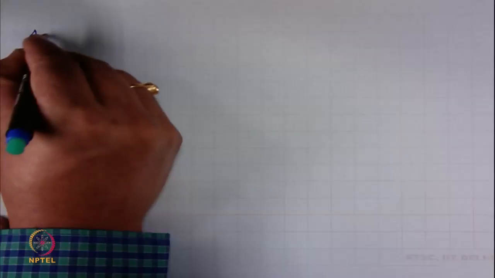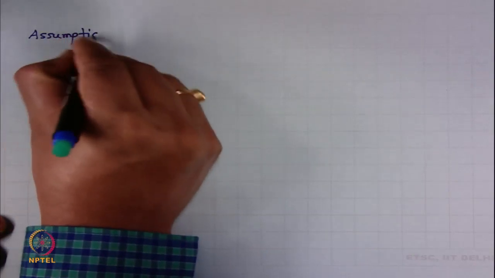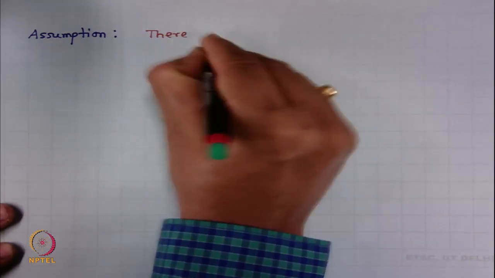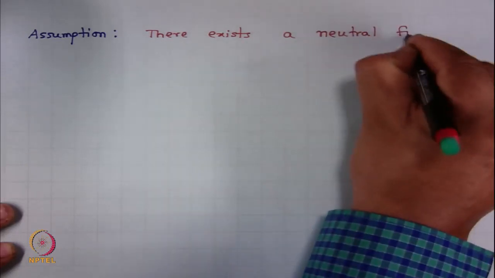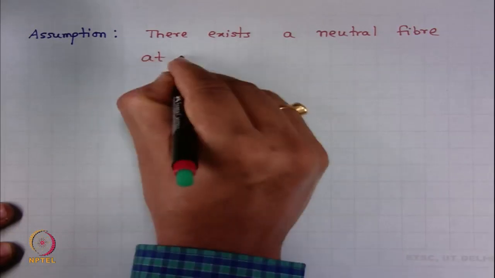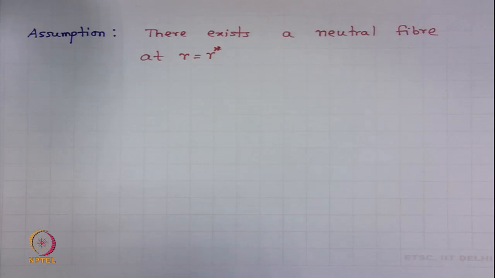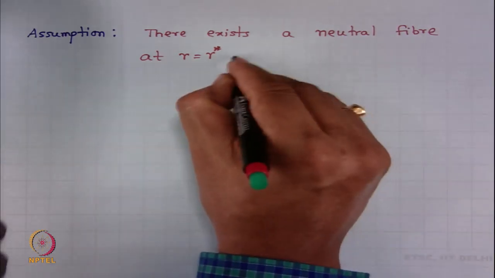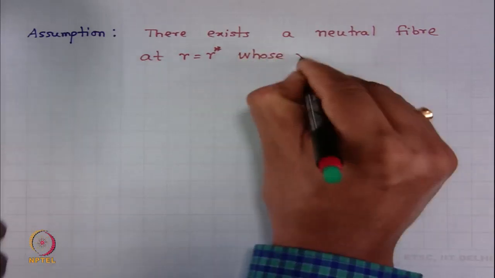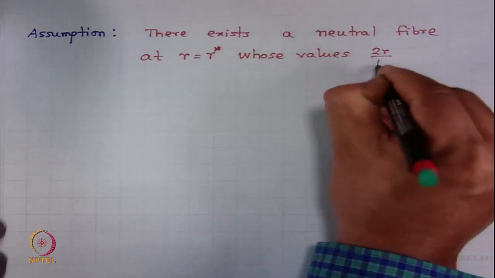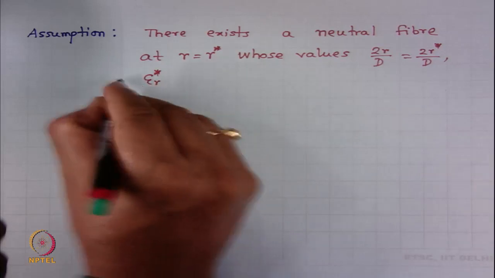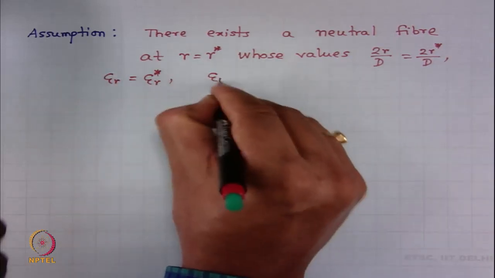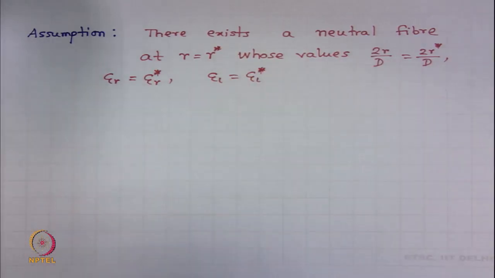So, the assumption is something like this: there exists a neutral fiber at radius r is equal to r star whose values say 2r by d is equal to 2r star by d, epsilon r is equal to epsilon r star, epsilon L, epsilon L star. These are the values.